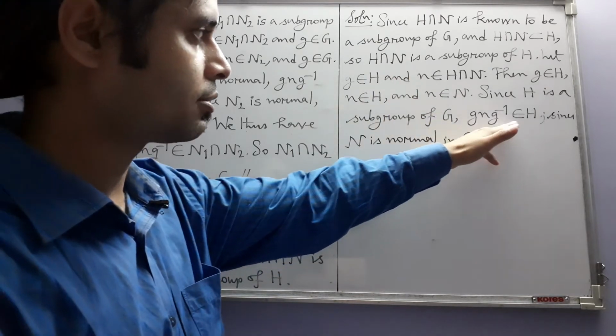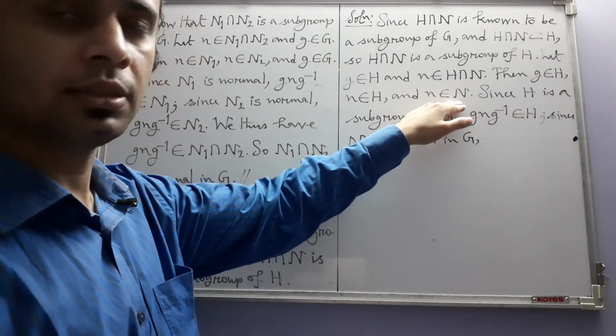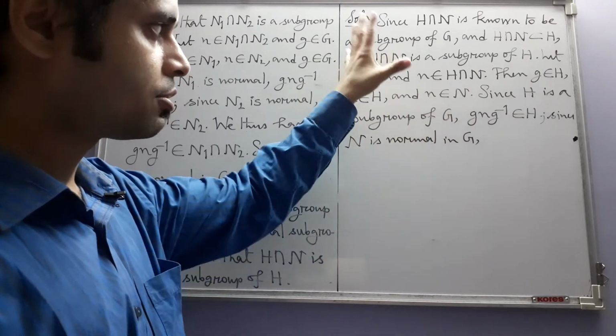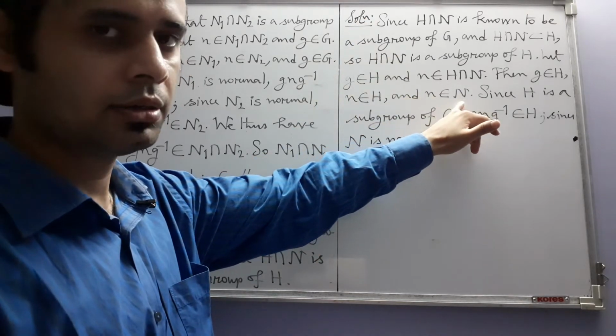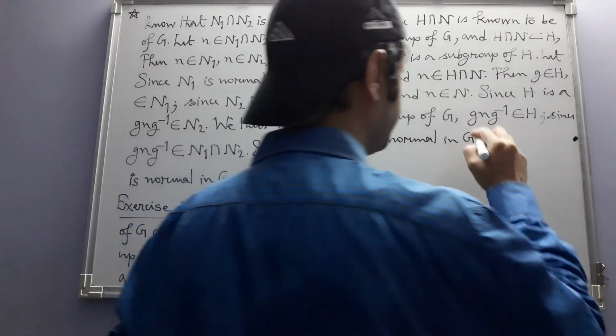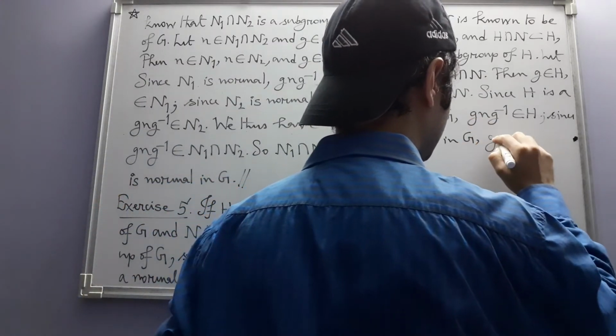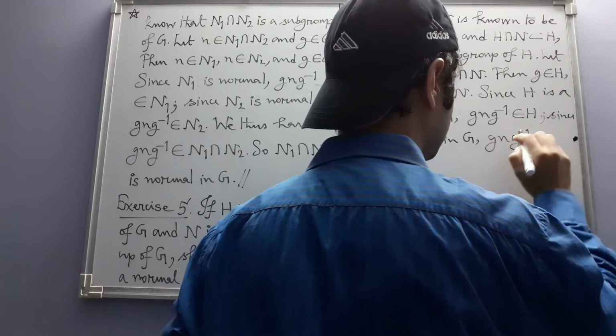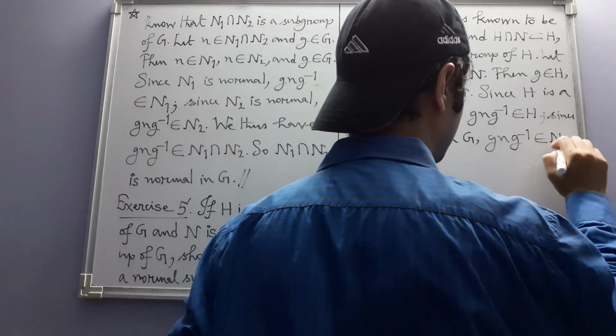We have used it and concluded this. Now we are using this part. Small g belongs to G, small n belongs to N, and capital N is normal in G. So g n g inverse also belongs to N.